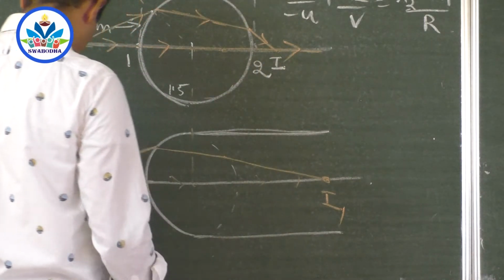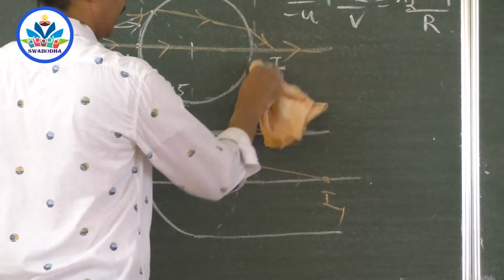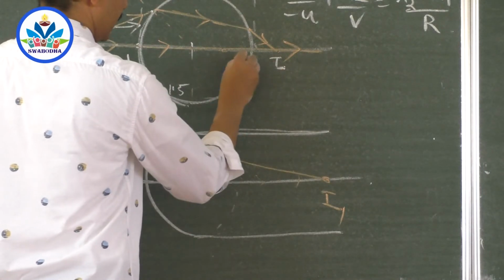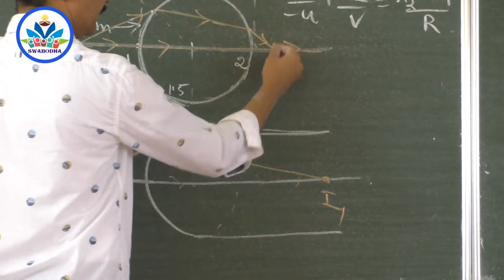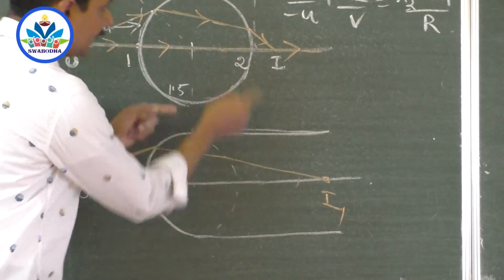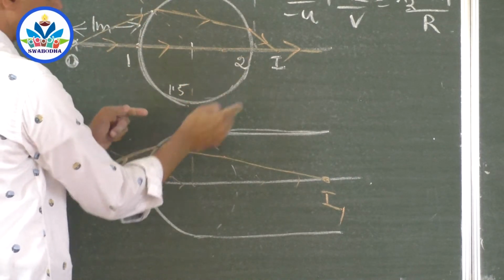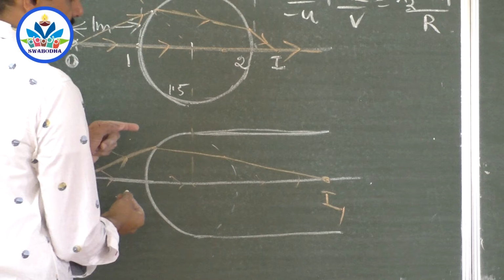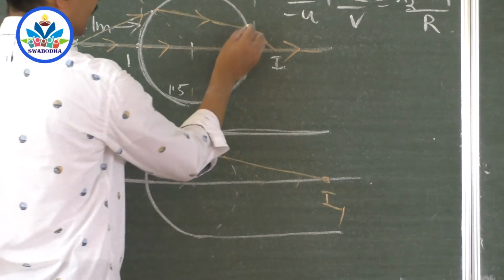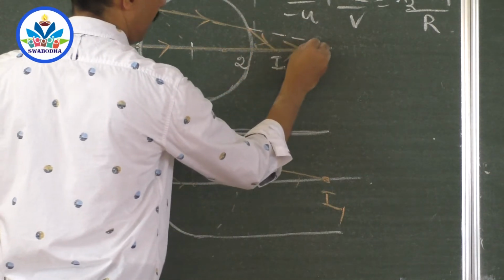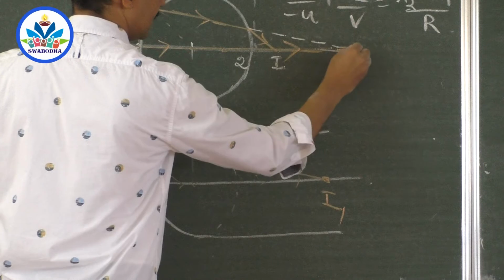But this is I1, this is the final image I. Right, the second surface is somewhere here. This is the final image I. So, can I show this ray here, sir? No, I can't, because there should be a refraction here, right? But if I want to show this ray, shall I continue this with dotted lines? That is not possible because there is a second surface.